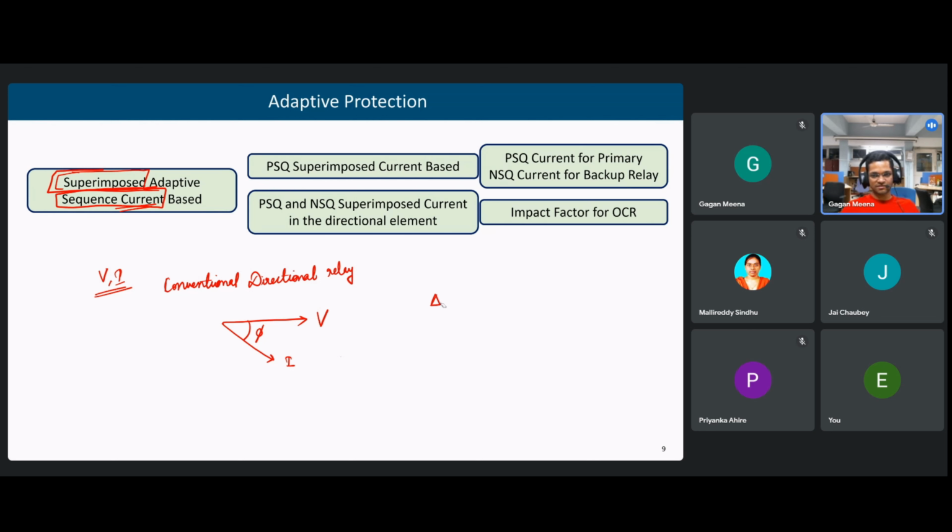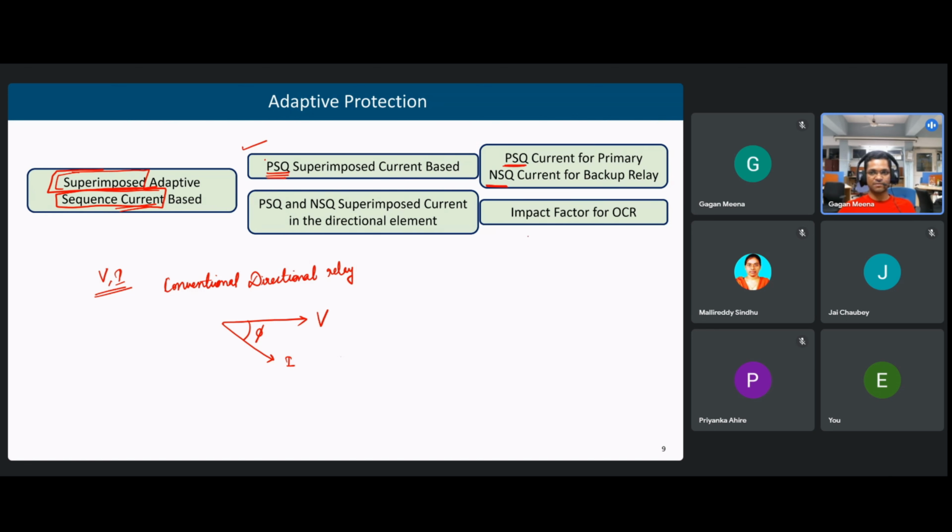So let us first see the two techniques. The first one was the positive sequence component superimposed current based. Here we use only the positive sequence component for identifying the direction of fault. But for backup, we are using the negative sequence current. For primary, we are using positive sequence current.